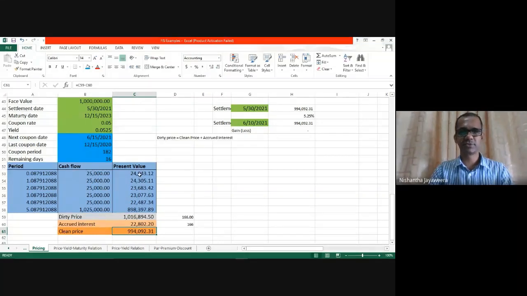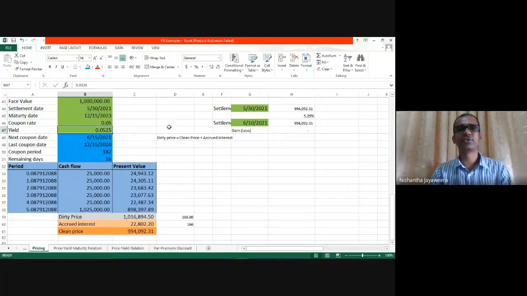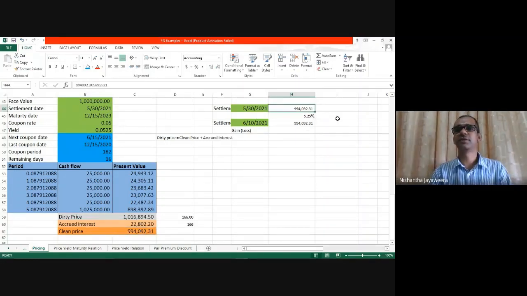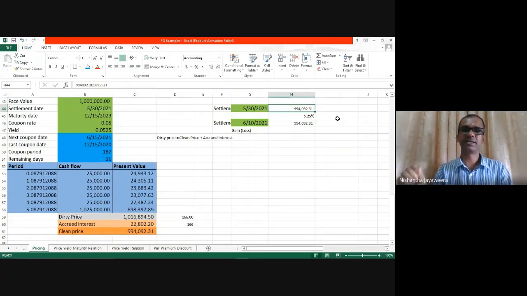This is our first position. That means we bought it on 30th May when the yield is 5.25%. This is the clean price that you have to pay. I just copied it here. Is it clear? That's the clean price that you paid to buy this bond on 30th.